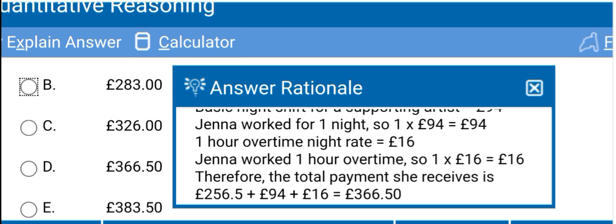Therefore, the total payment she receives is 256.50 pounds plus 94 pounds plus 16 pounds, which equals 366.50 pounds.